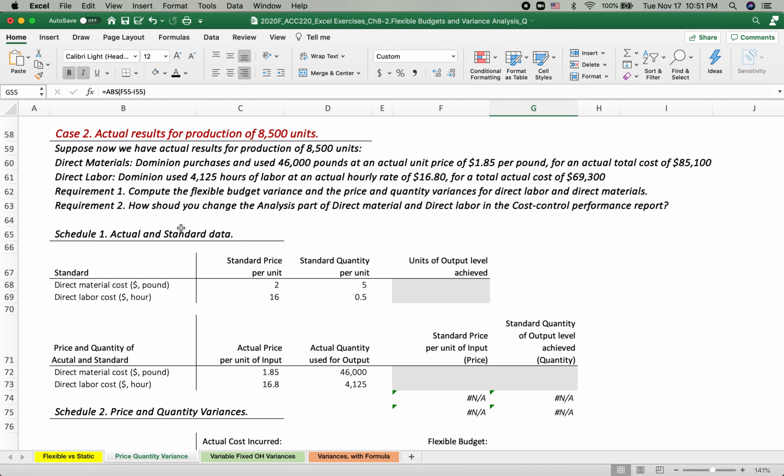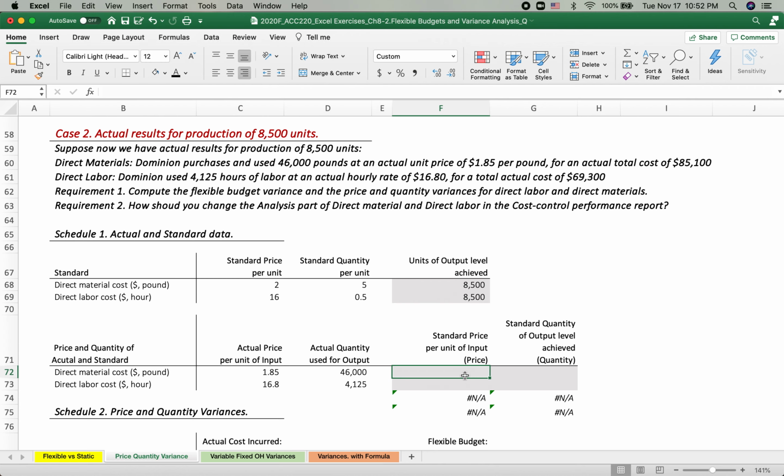And then we want to see what is going to change in the variance report, the actual and standard data. Now we use this 8,500 output unit.